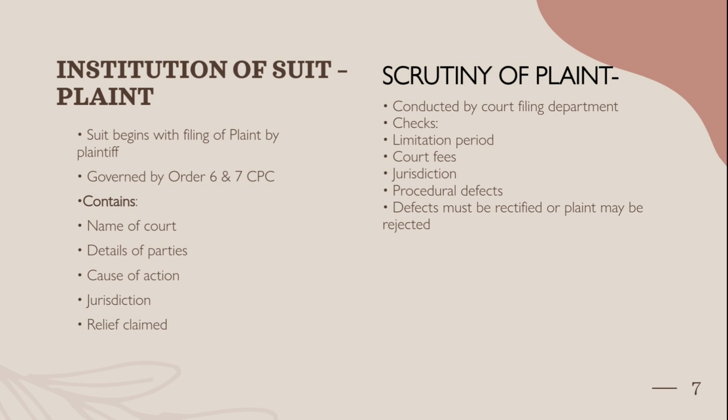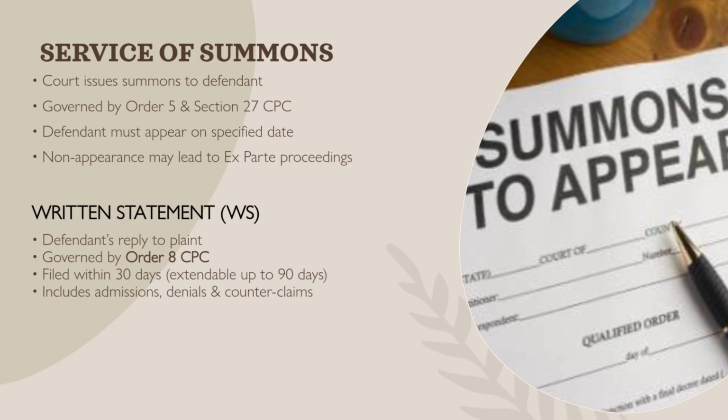Further, whether the court fees are duly paid or not, and the jurisdiction, whether the court has jurisdiction to entertain this matter or not. If any defect is found, then the plaintiff must correct it, otherwise the plaint may be rejected. Now, moving to the next step. If the plaint is accepted by the court, then the next step is service of summons.